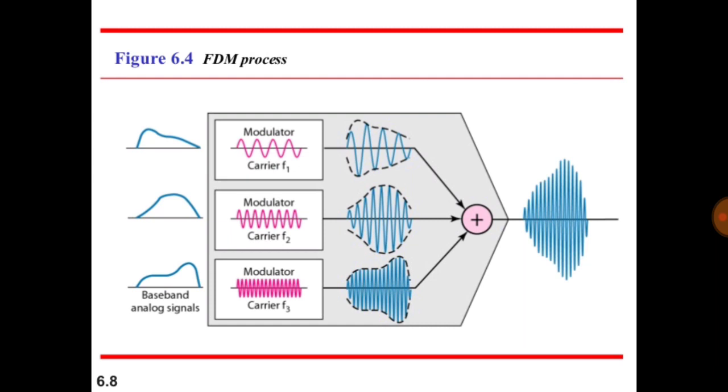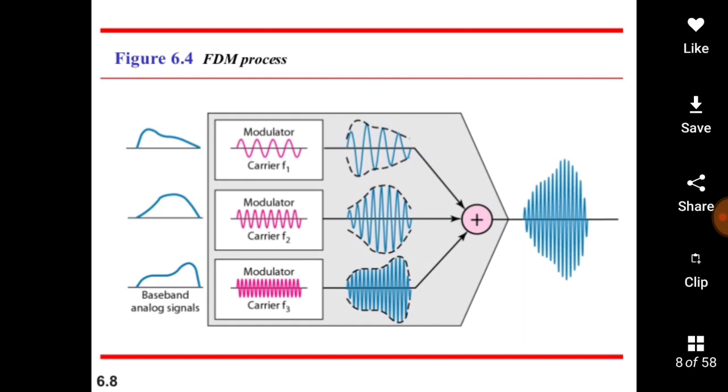Here this is the first one. Here I declared the baseband analog signal, that is the analog signal, meaning the input signals. I have three input signals at the left hand side. The first baseband analog signal is combined with the carrier F1.